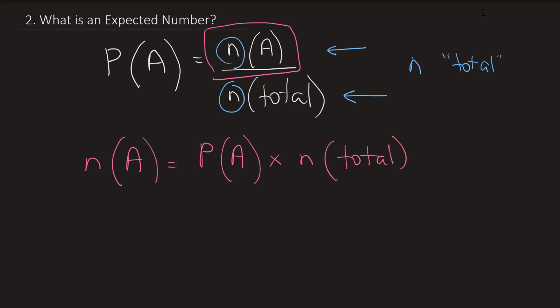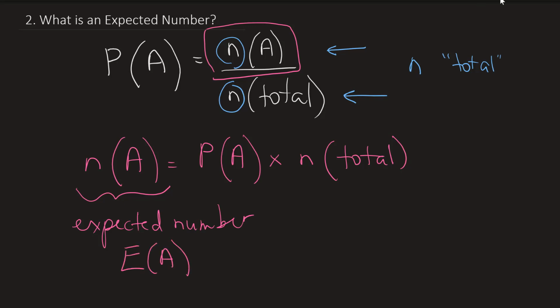And this bit here, NA, we refer to as the expected number. And we write it as a capital E, A. This ends up being a pretty simple formula to remember, so that the expected number is the probability of A multiplied by the total number.